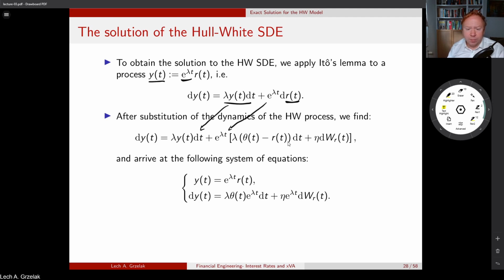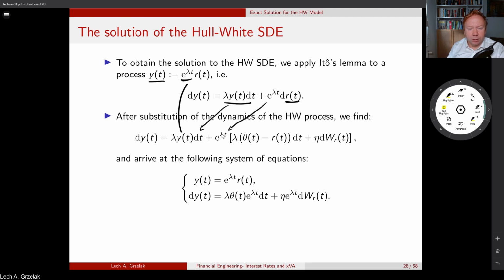If we collect the terms, because we did this scaling, we have e to the power lambda t times minus lambda r_t, and on the other hand we have y_t, which is defined in this way. If we substitute this for y_t, we see that it will be lambda e to the power lambda t r_t, which cancels out with this term.